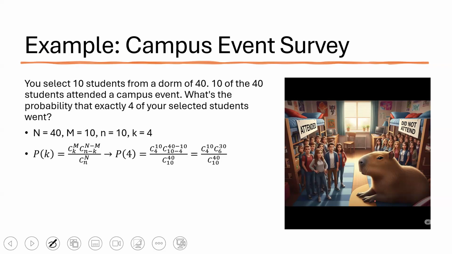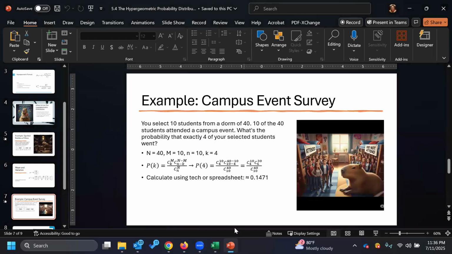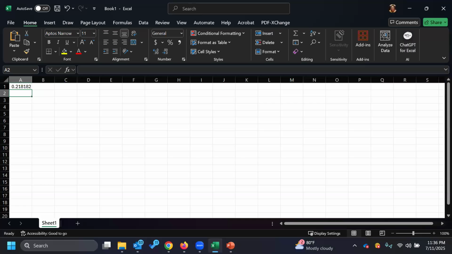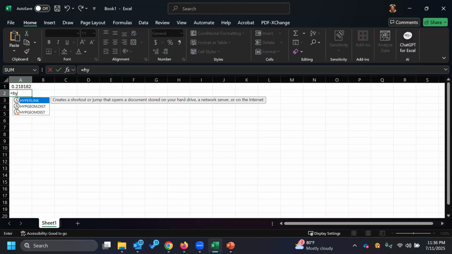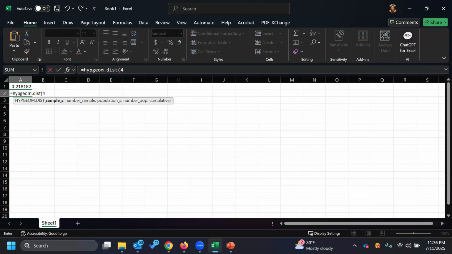Rather than computing each term by hand, right, we'd go to Excel or a calculator. In this case, we're going to do Excel. So, okay, so again, we're doing hypergeometric. Okay, so here our k is 4.